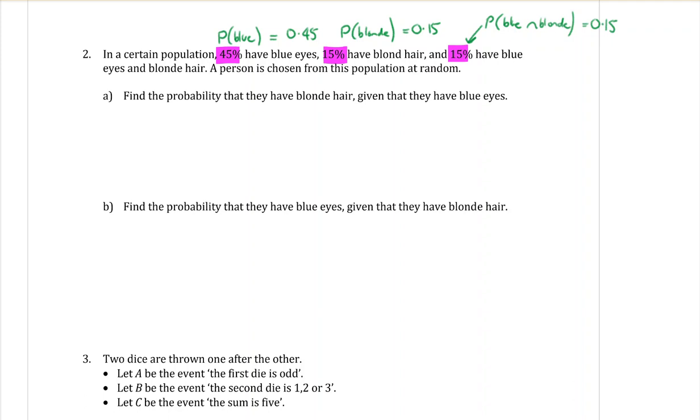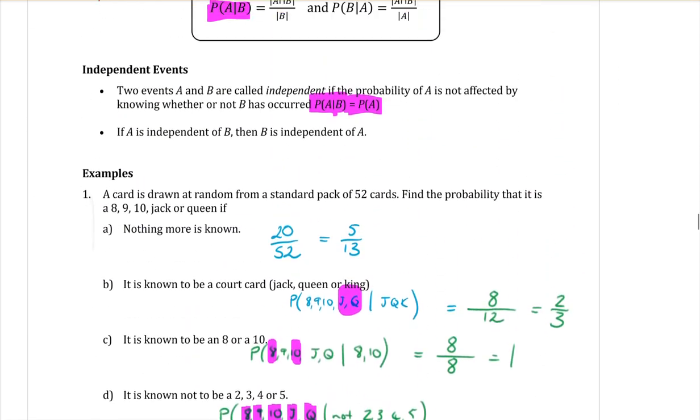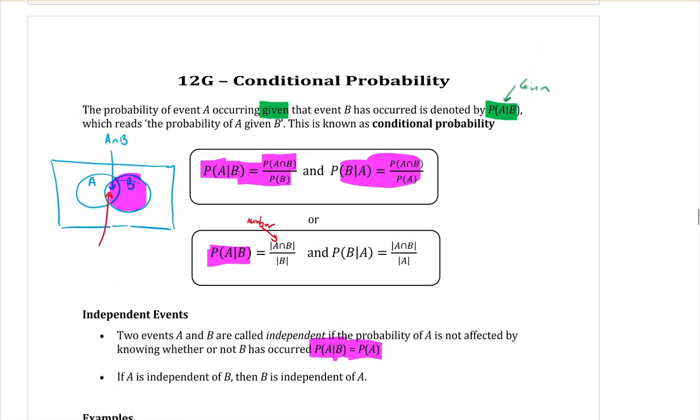So question A says find the probability that they have blonde hair given that they have blue eyes. So I'm trying to find the probability that they are blonde given that they have blue eyes. Now what we want to do is we want to try and adjust these formulas that we have up here that I've highlighted here in pink.